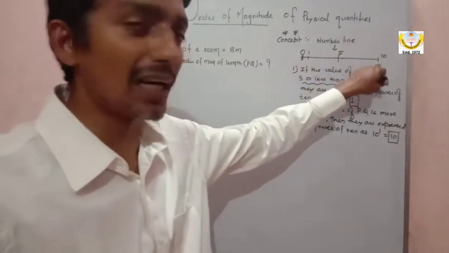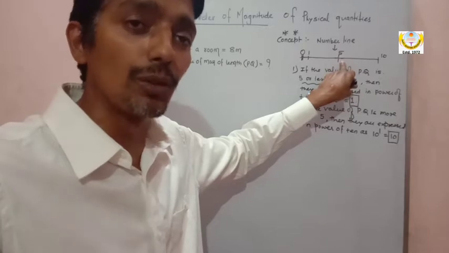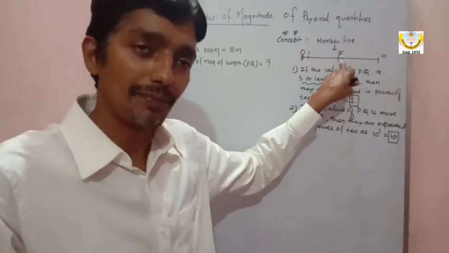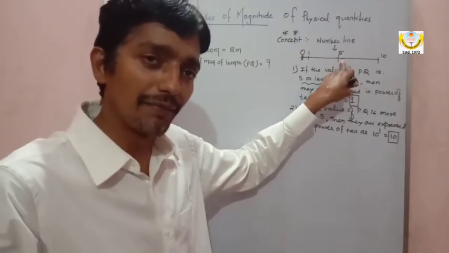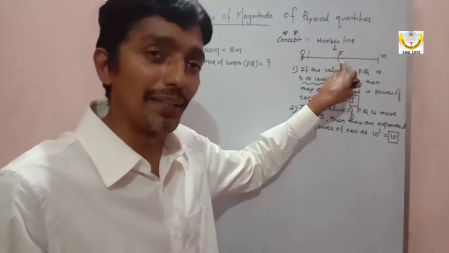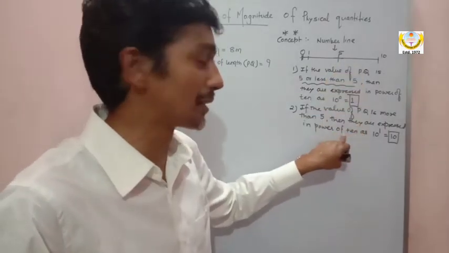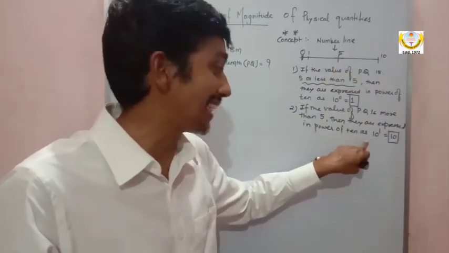That means it will be more than 5. If the value of a physical quantity is more than 5, am I clear, my dear, then what will happen? Sir, then they are expressed in power of 10 as 10 power 1.